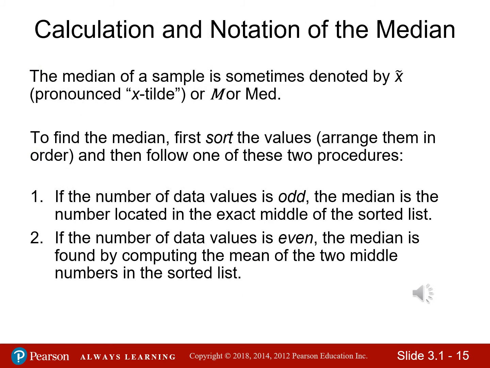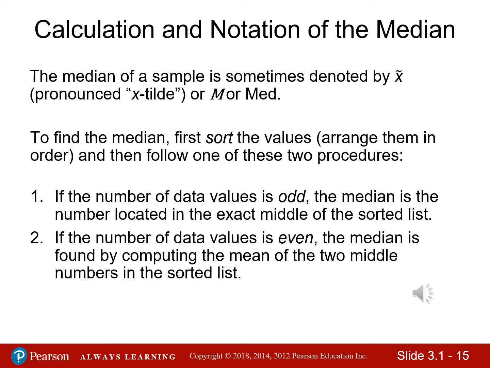The median of a sample is sometimes denoted by x tilde, or with a capital M or MED. To find the median, the first thing we want to do is to sort the values in order, and then use the following two procedures.